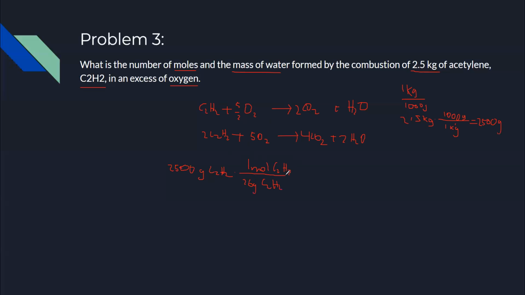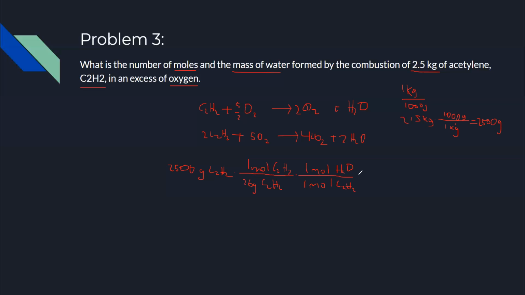It gets repetitive at times, honestly. And then you have to convert the C2H2 to CO2, I mean, sorry, H2O. So since 2 moles of C2H2 makes 2 moles of H2O, you could just do 1 mole C2H2 makes 1 mole H2O.